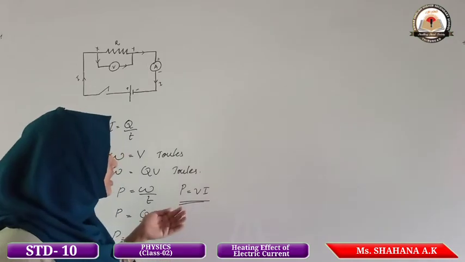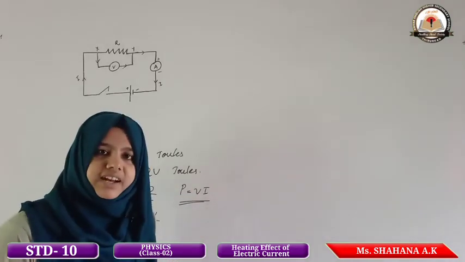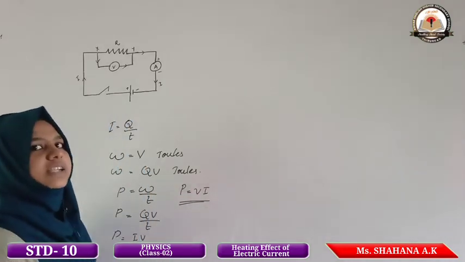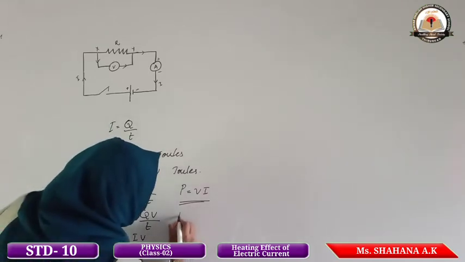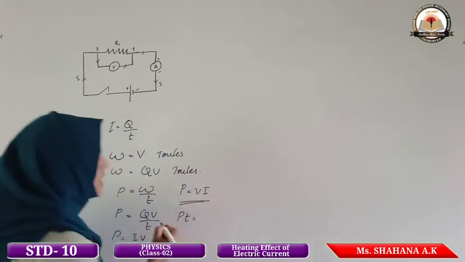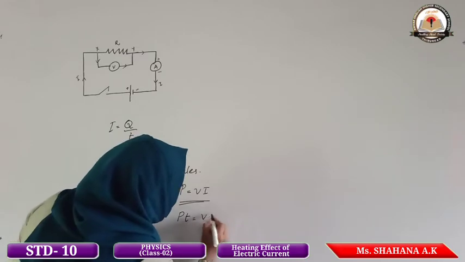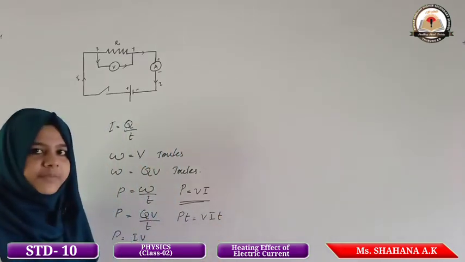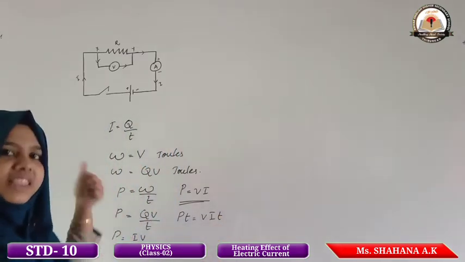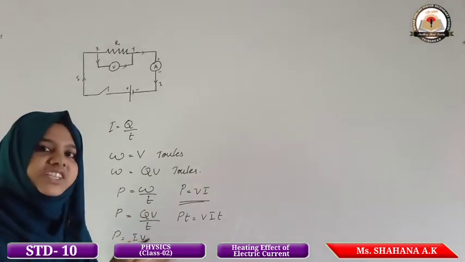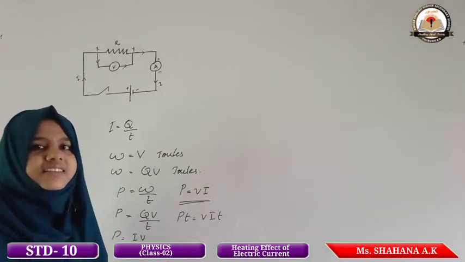Then when we pass current in this circuit for time t, the energy supplied by the battery becomes PT is equal to VIT. In this circuit, that energy is changing into heat.